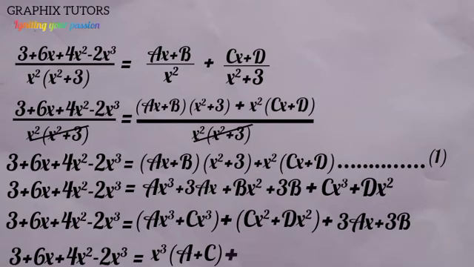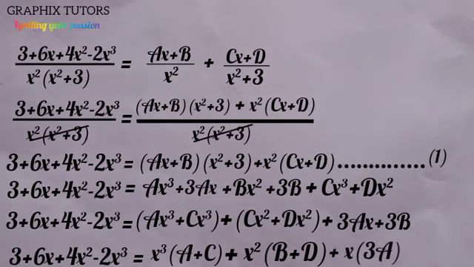Plus, if I bring out the s squared from bs squared plus ds squared, I'll be having s squared into bracket b plus d. So if I expand it, I'll still have what I have. Plus 3a, if I bring the s out, I'll be having just 3a, then plus 3b.